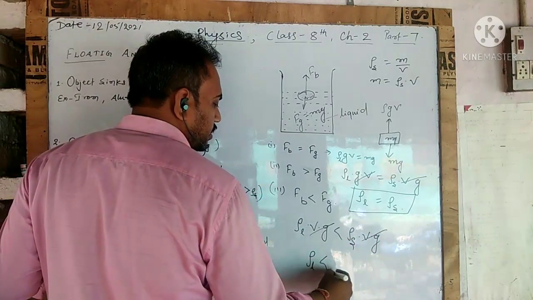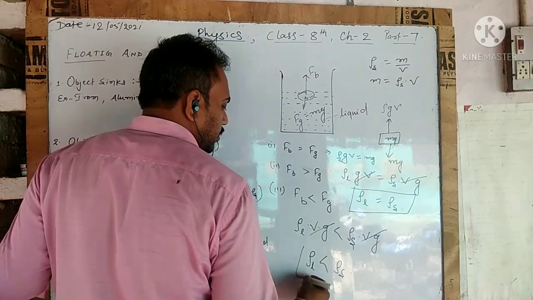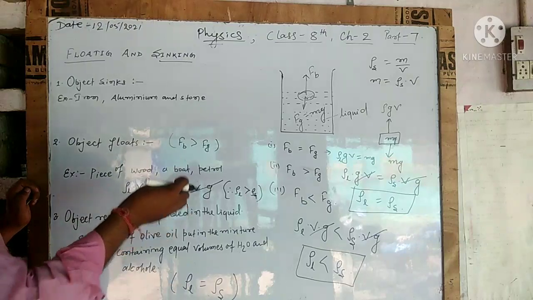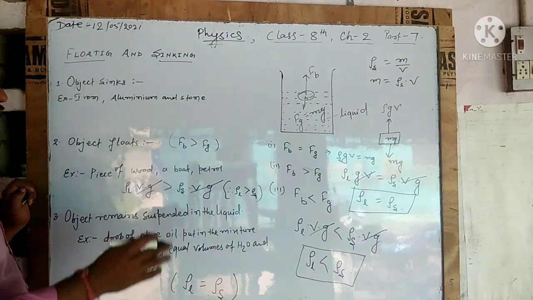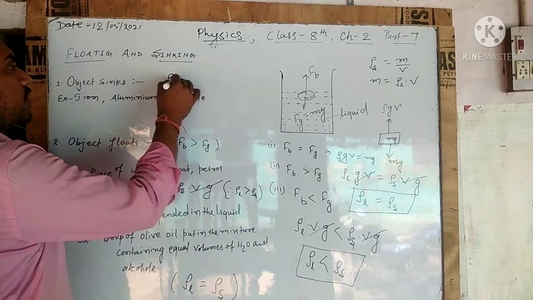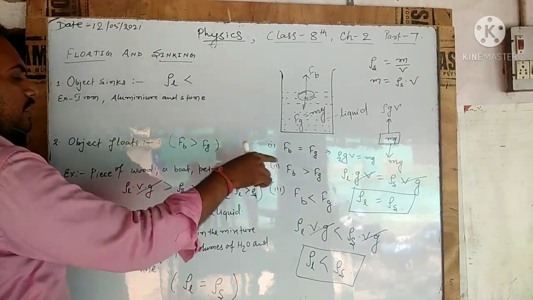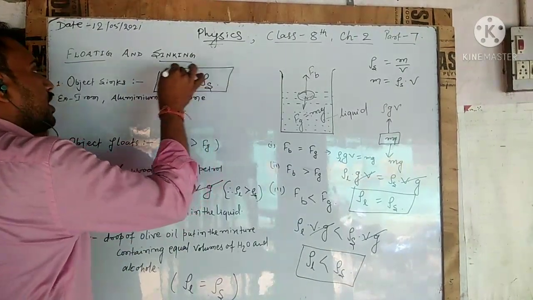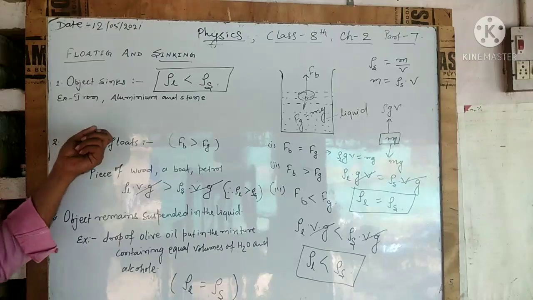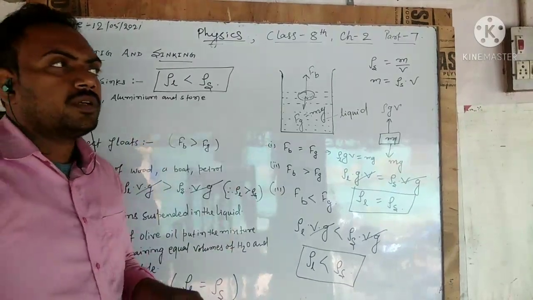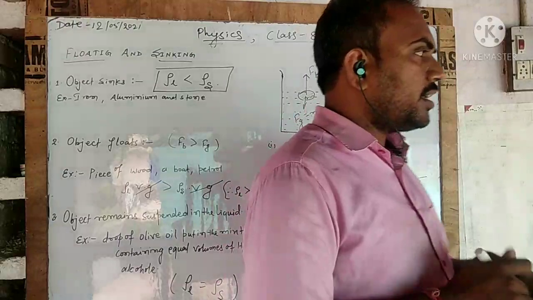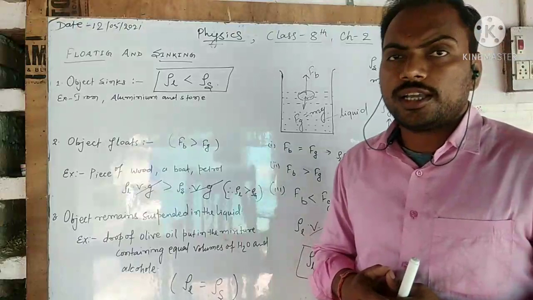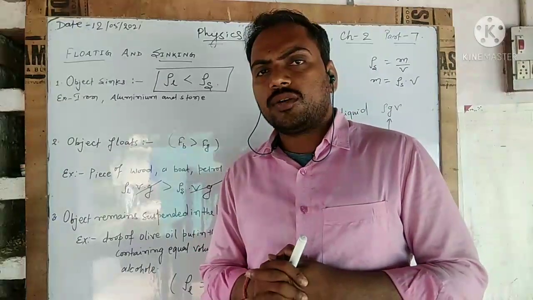So the density of liquid is less than the density of substance, which means the substance will definitely sink in the liquid. For example, an iron nail or a stone, when thrown in the liquid, will settle down at the bottom of the liquid. So this is the topic.